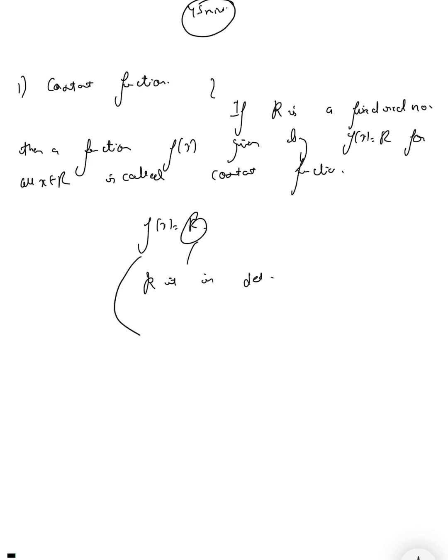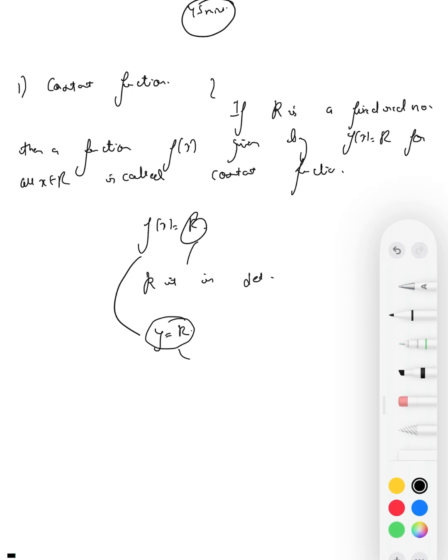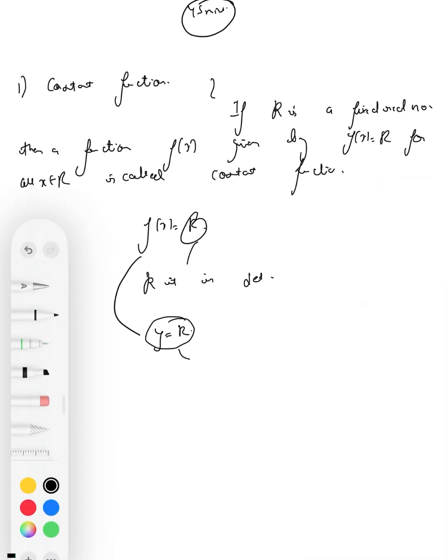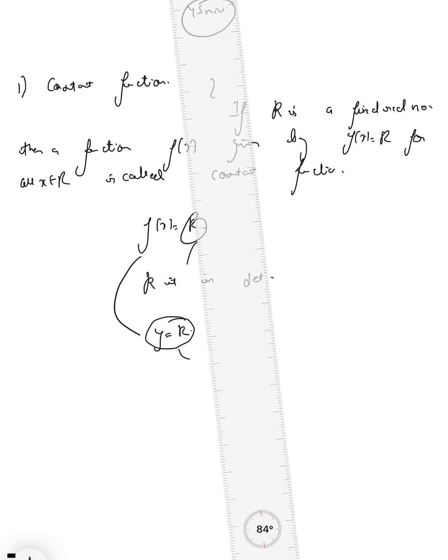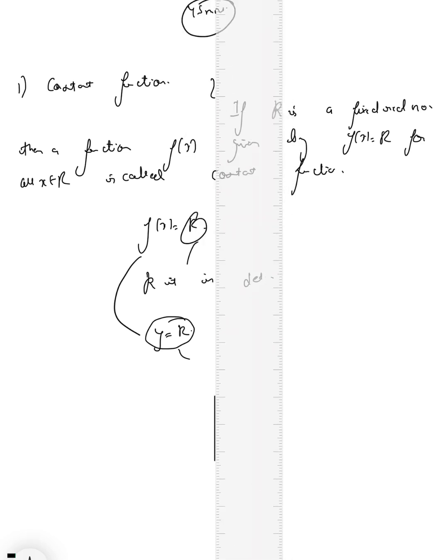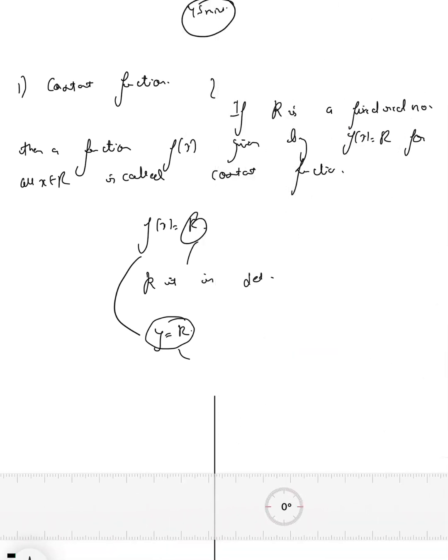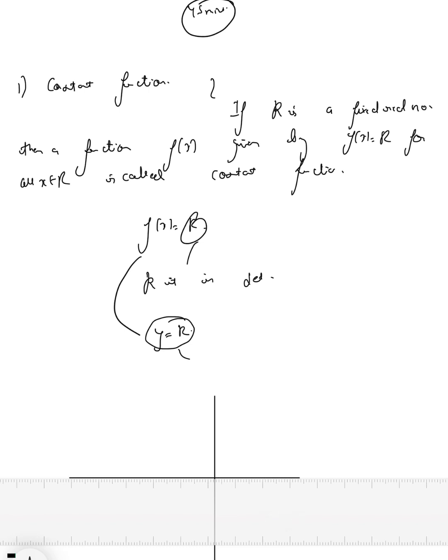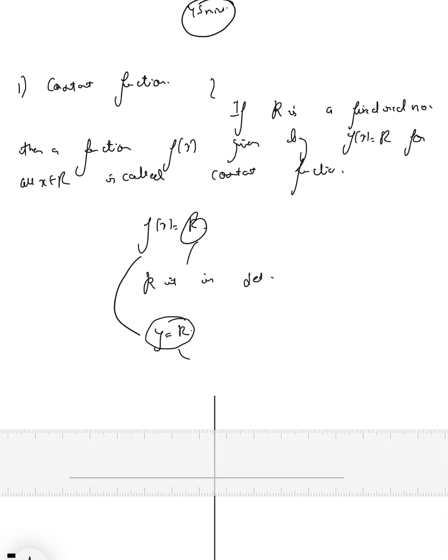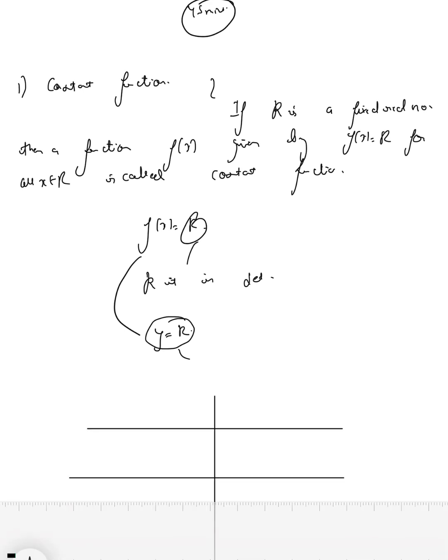Okay, and we can write f(x) = y. So y equals something is going to be a straight line. Tell me fast, what is going to be that? Parallel to the x-axis, depending upon the value of k.